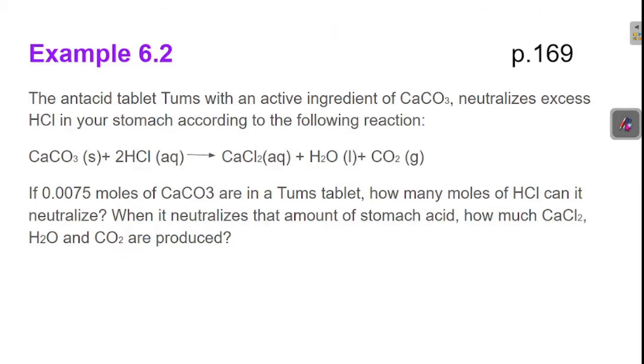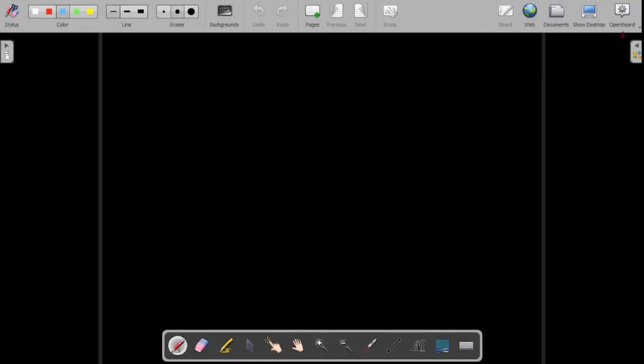Let's go to the board for a second and see how we tackle problems like these. I'm going to copy the reaction, so I have it right here. So I start with my calcium carbonate, and I'm not going to put the solid state here, just to save some writing and space. 2 hydrochloric acids, aqueous.